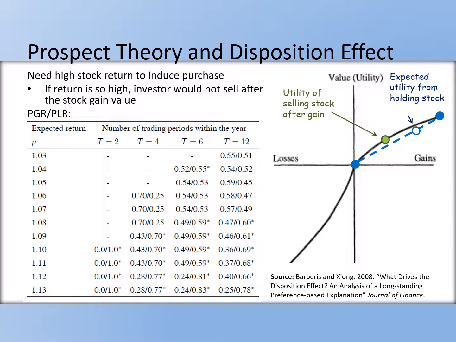The curvature here is typically not strong enough to overcome the attractiveness of the high stock return. The estimated curvature here is actually quite shallow. You can see it's almost flat, right? So people are only very slightly risk averse in the gains region.